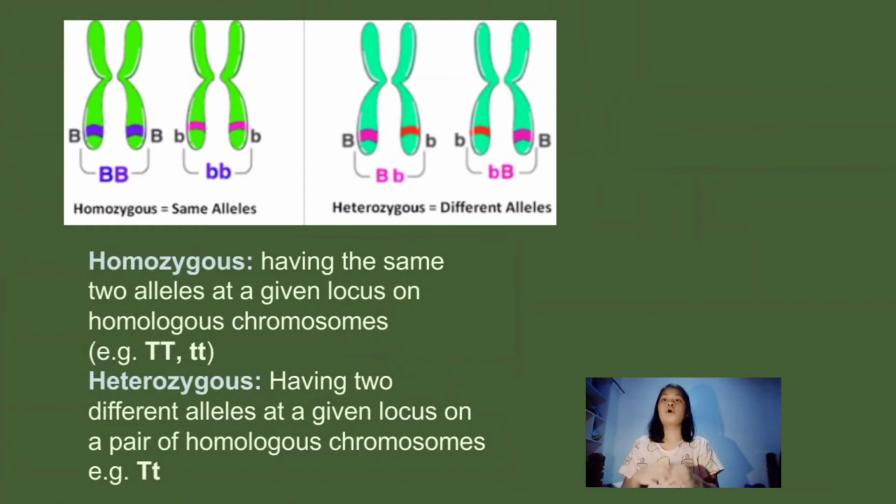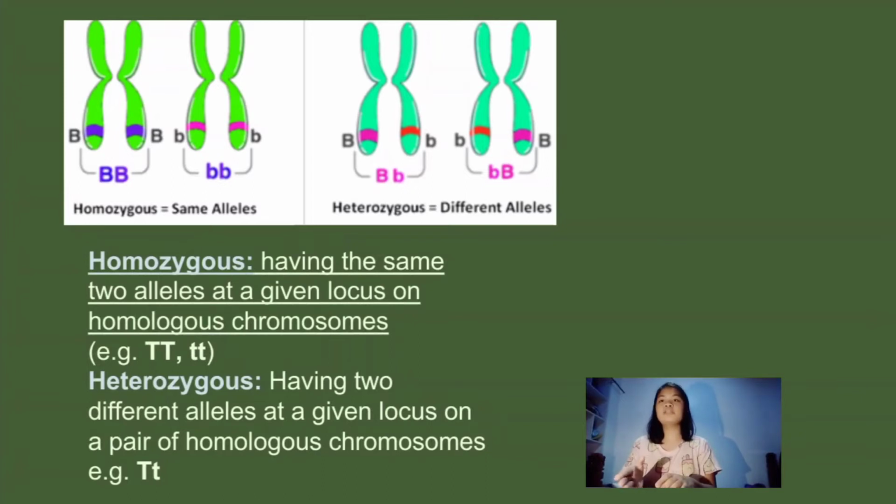Coming from the word homo, meaning the same, homozygous means having the same 2 alleles at a given locus on homologous chromosomes. Let us apply these 2 alleles as an example. When we see 2 uppercase letters, such as TT, we would refer to that as homozygous dominant. When we have lowercase tt, it is referred to as homozygous recessive.